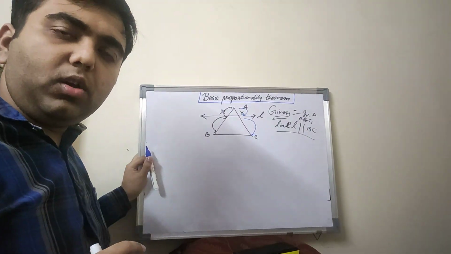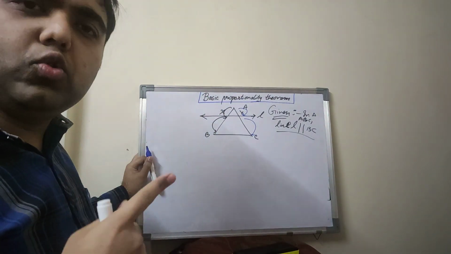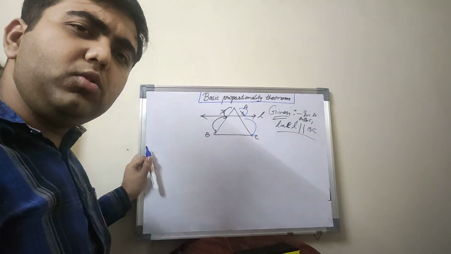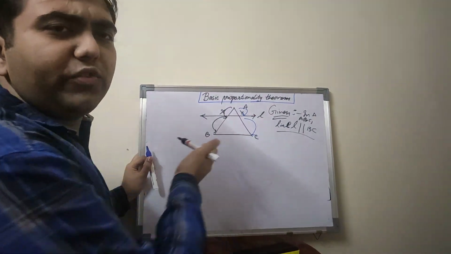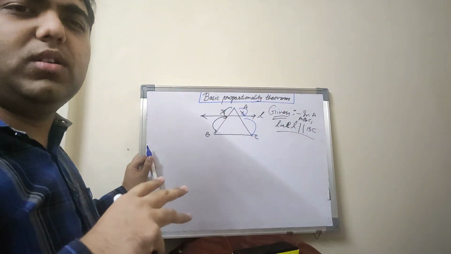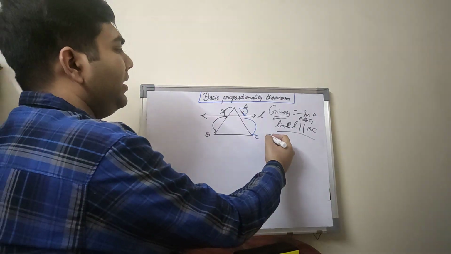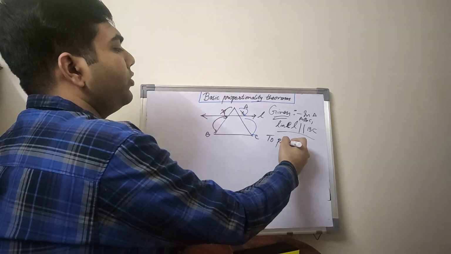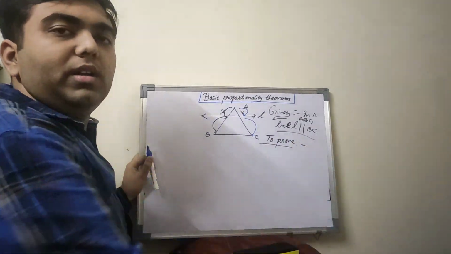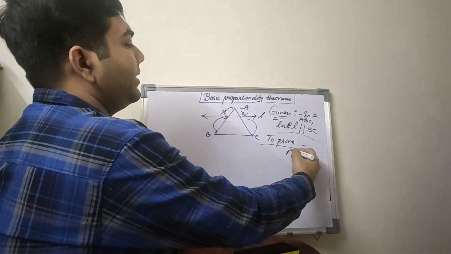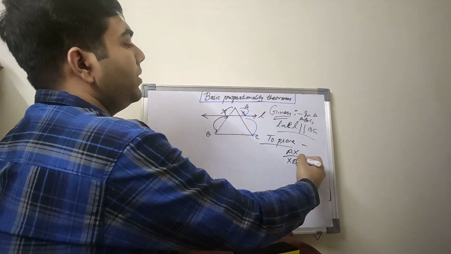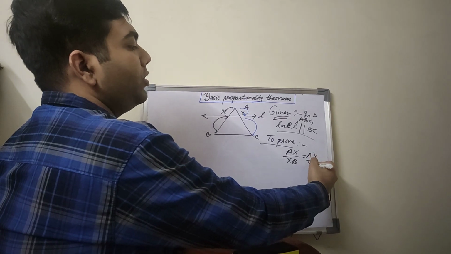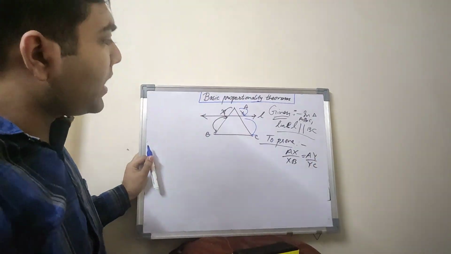The next thing we always write is what we want to find or to prove. We are not here to find something. In this theorem, we are going to prove. What we are going to prove? To prove AX upon XB equals AY upon YC.